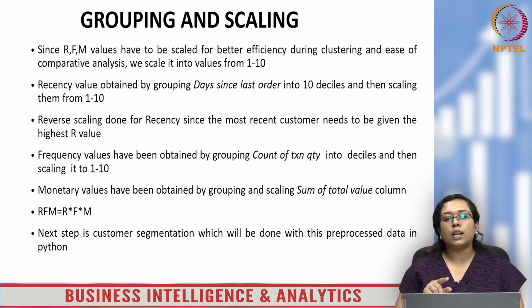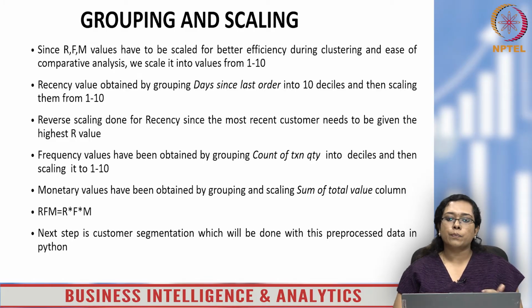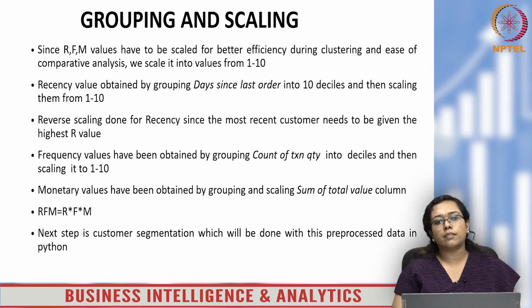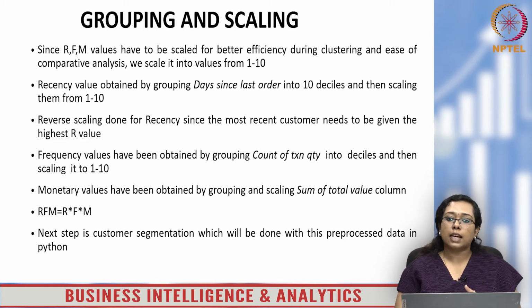So the value 5 should be given to the customer who has been recent and not the customer who has come before 3 years. So we have to do reverse scaling only for recency, because frequency and monetary value will not need that reverse scaling. Reverse scaling has to be done so that the most recent customer gets the highest R value. That we can do in Excel itself, and then we go to the frequency value.